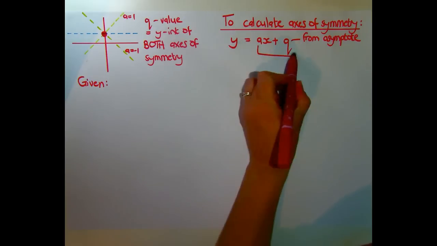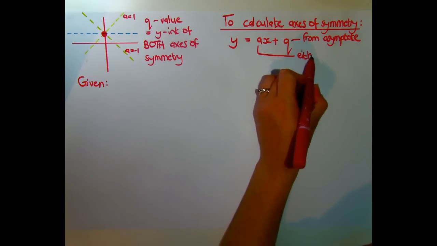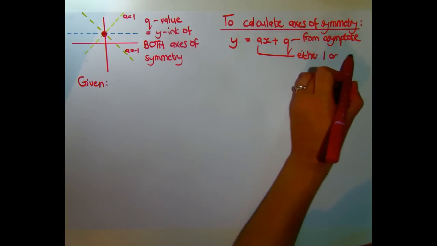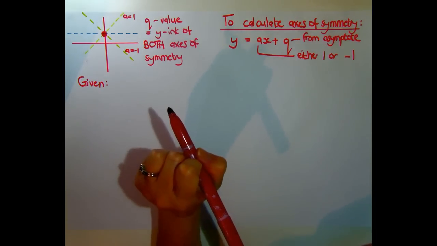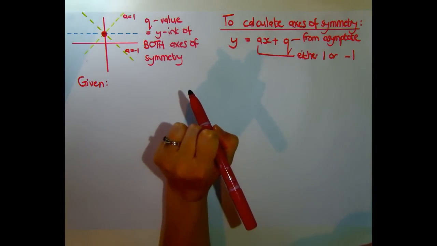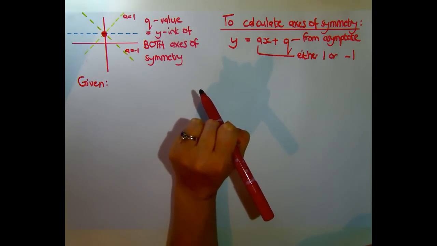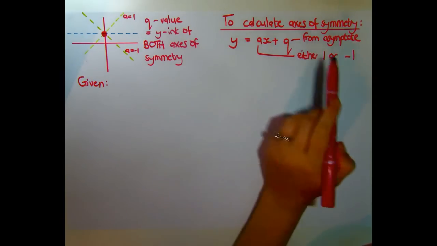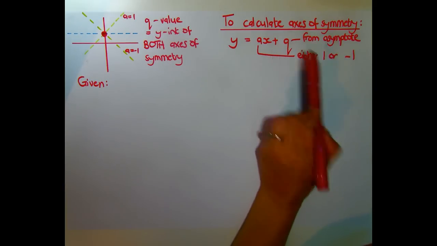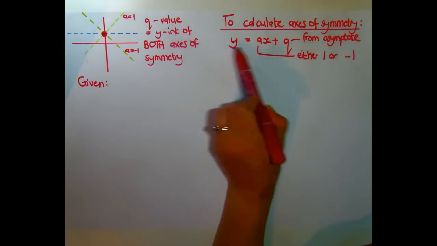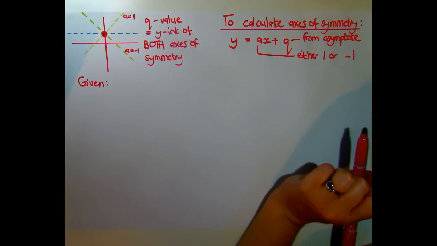And you have the a value because it is either 1 or -1, which you've learned off by heart. So when you've got the formula for the hyperbola, all you're going to do is sub in that q from the asymptote and then either 1 or -1, and then you've got your straight line.